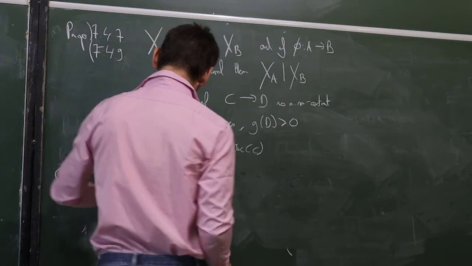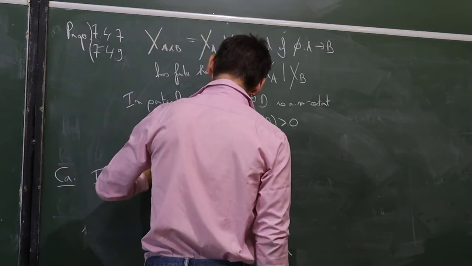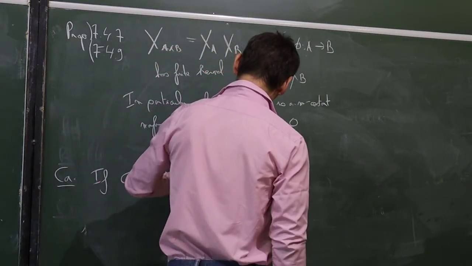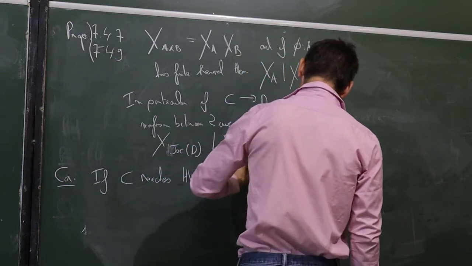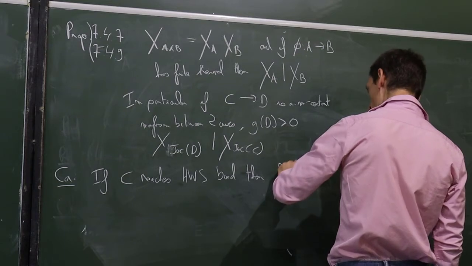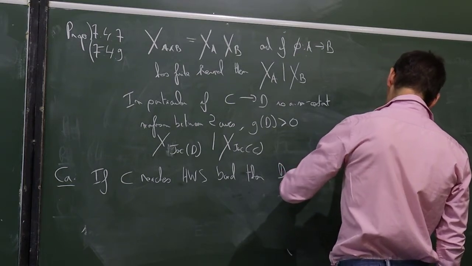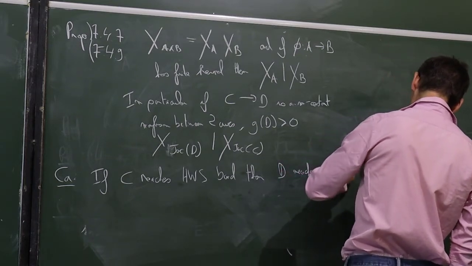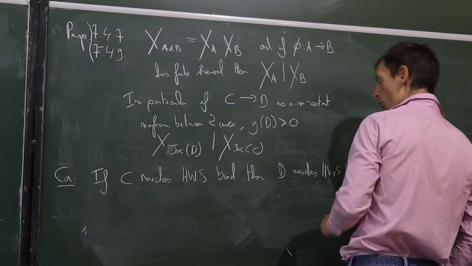if C reaches the Hasse-Weil-Serre bound, then, with the notation just here, D reaches the Hasse-Weil-Serre bound. Quite nice, right?